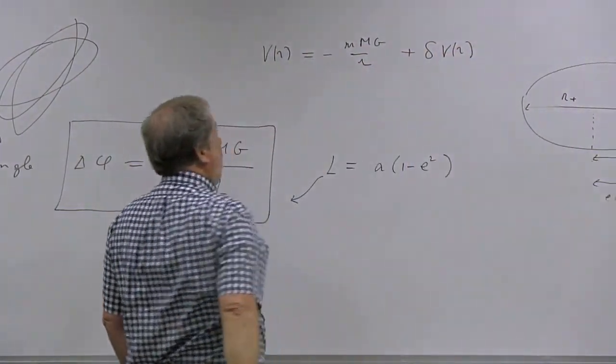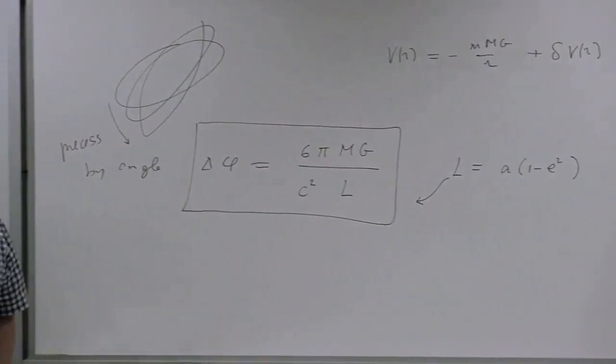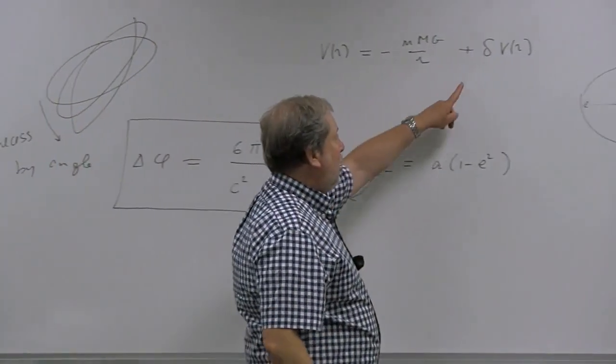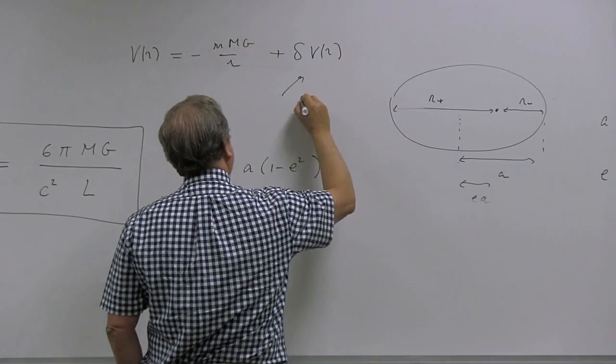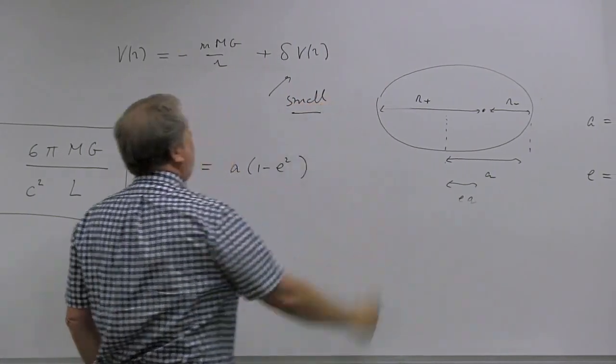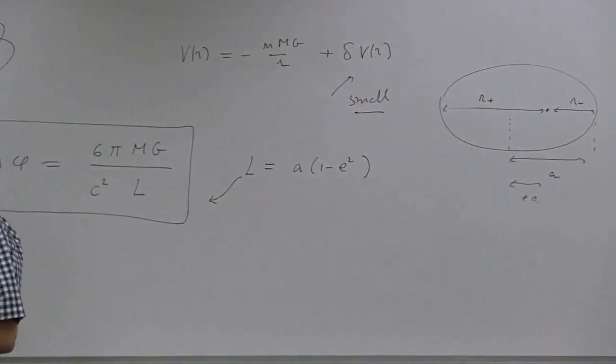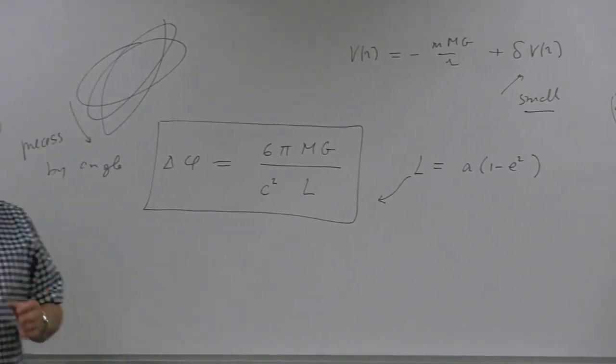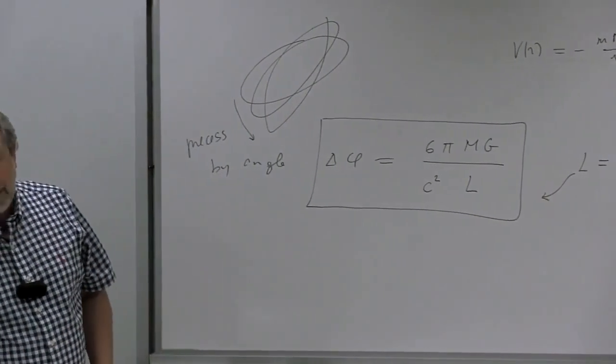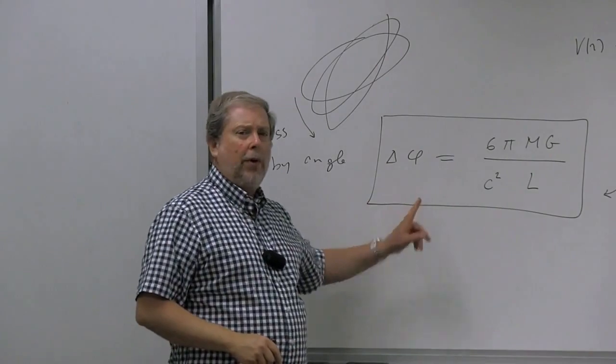If this perturbation is small, what happens to the perihelion? How does it move? That is, in fact, a standard exercise, and the answer is this.